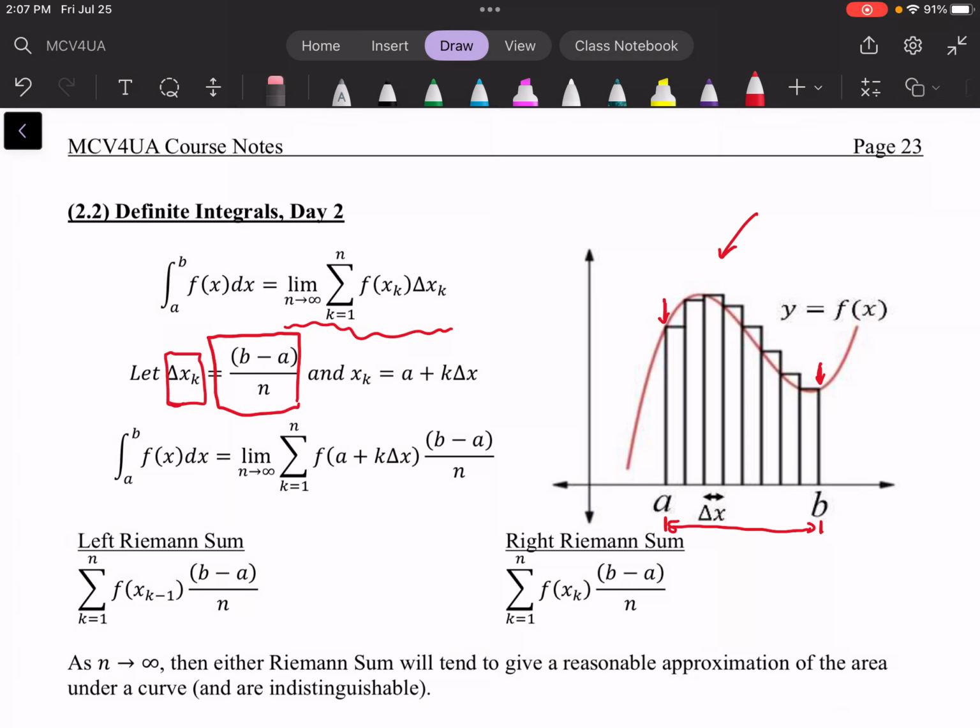That's how those are related. And then you have your function evaluated at a plus k times change in x. Now the k value itself might change to k minus 1 if it's a left Riemann sum compared to a right Riemann sum. But that's basically the difference.